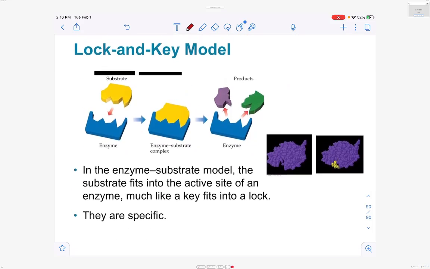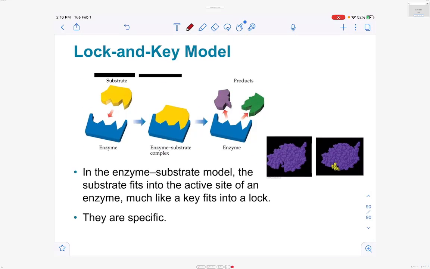Last slide. For biological catalysts, the enzymes, the reaction doesn't occur everywhere. The reaction of enzymes takes place at a specific location called the active site.